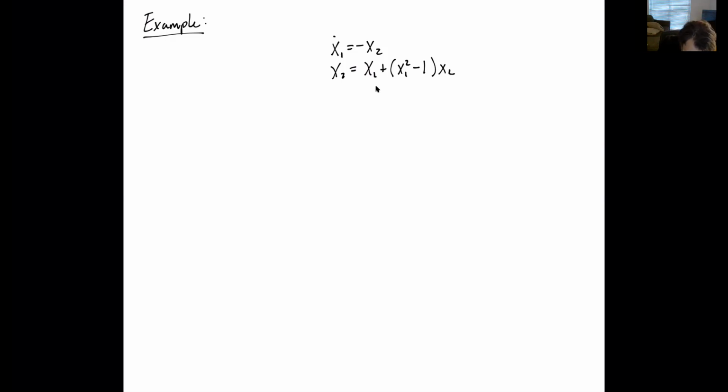Oops, this is backwards. Partial of f1 for x2, partial of f2 for x1, partial of f2 for x2, right? And then this is evaluated at the origin, which is where we're going to look. All right, so this is 0, negative 1, 1, and negative 1.